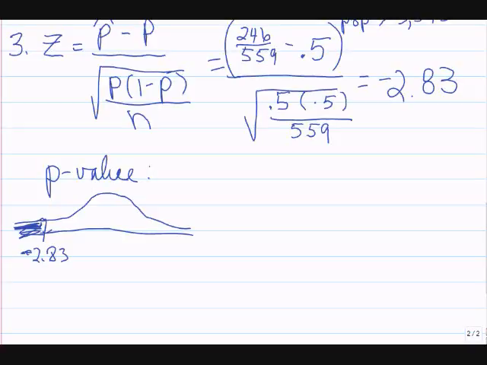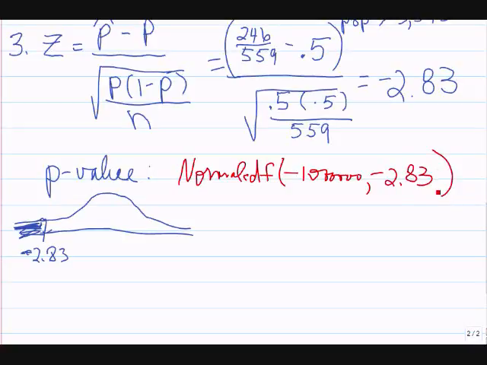So you would never write normal CDF, so maybe I'll just write it in a different color here. But the way you would get this would be normal CDF from negative 1 followed by a bunch of zeros to negative 2.83. Then I'll go back to writing in blue for my p-value.